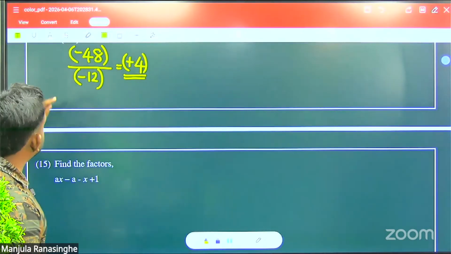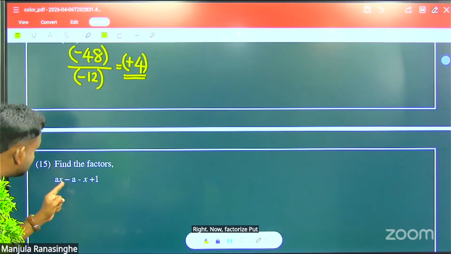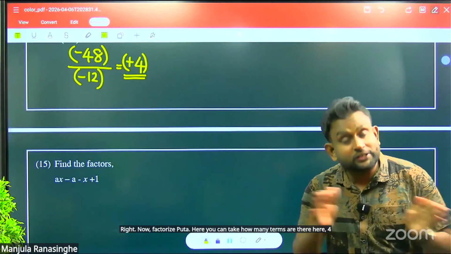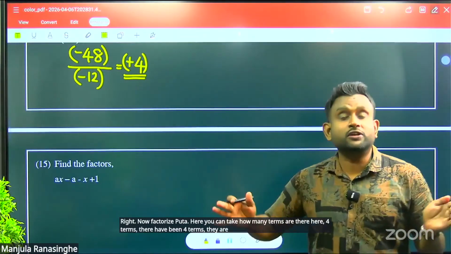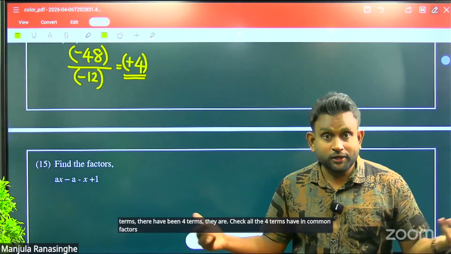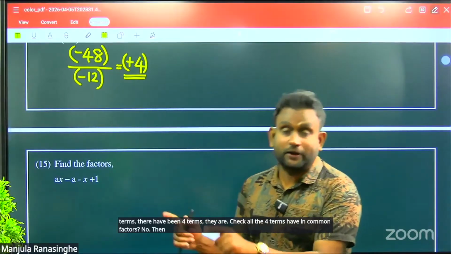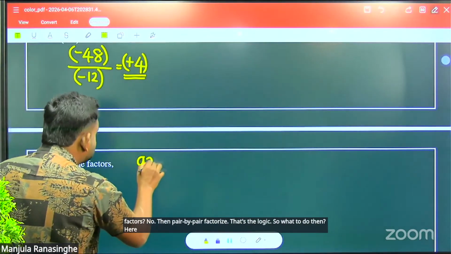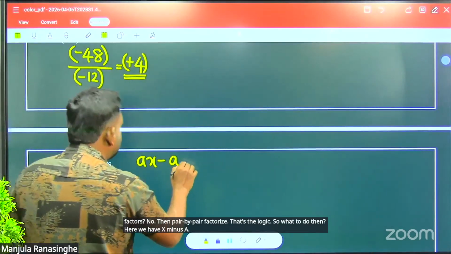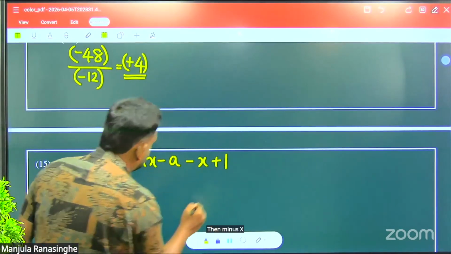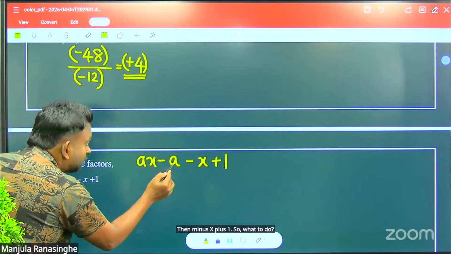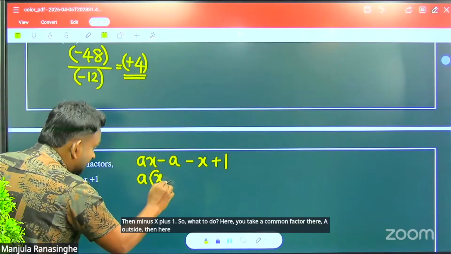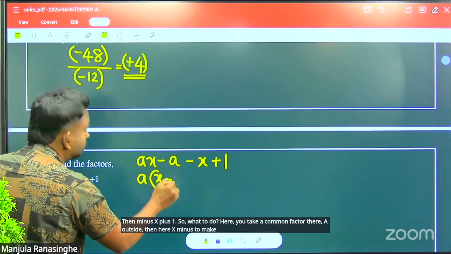Right. Now factorize. Here you can see how many terms are there? 4 terms. When 4 terms are there, check whether all the 4 terms have common factors. No. Then pair by pair factorize. That's the logic. So what to do then? Here we have x minus a, then minus x plus 1. So here you take a common factor, a outside, then here x minus, to make a into 1.